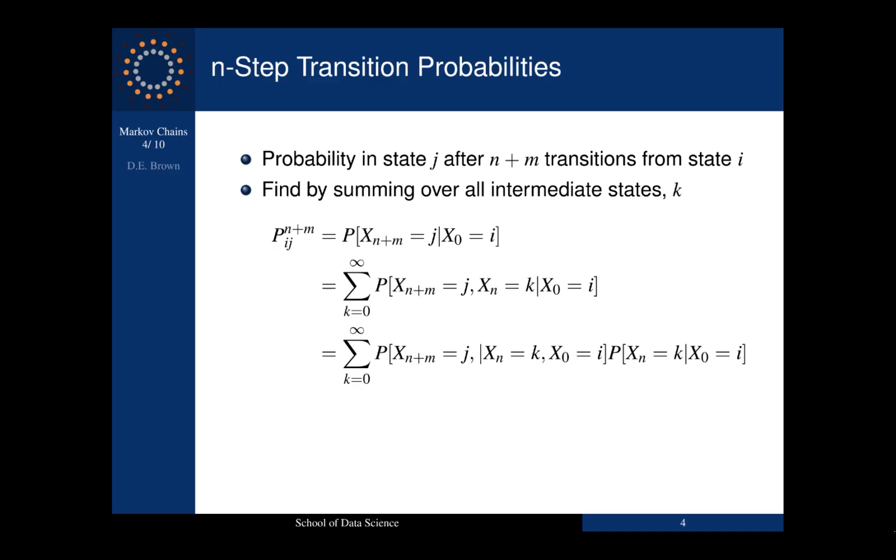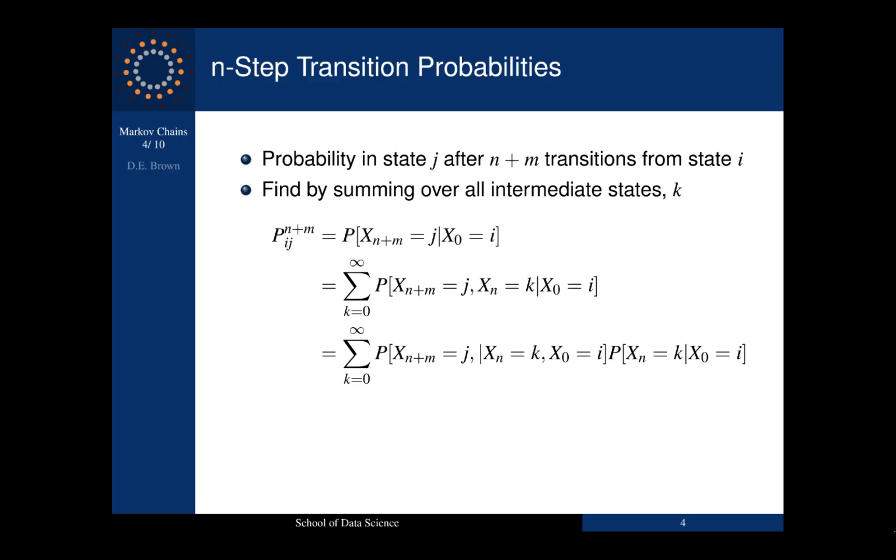And now we just use our definition of conditional probability, because notice that we have a joint probability in the first sum, and we just break that into a conditional probability times the marginal probability. The marginal probability is being in state k at time n, given that we started in state i at time 0.